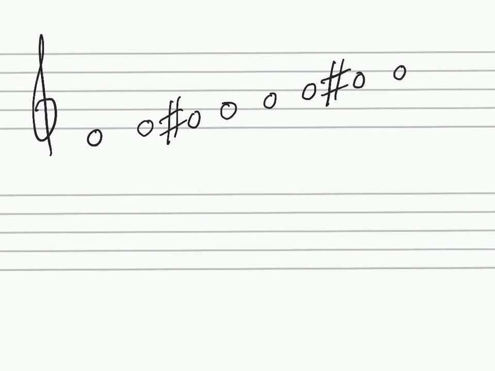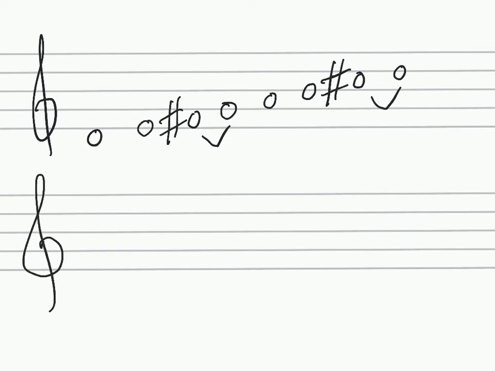And then I'll end on D. And we notice that there are half steps there, and that we've used each letter once, and that we begin and end on the D.